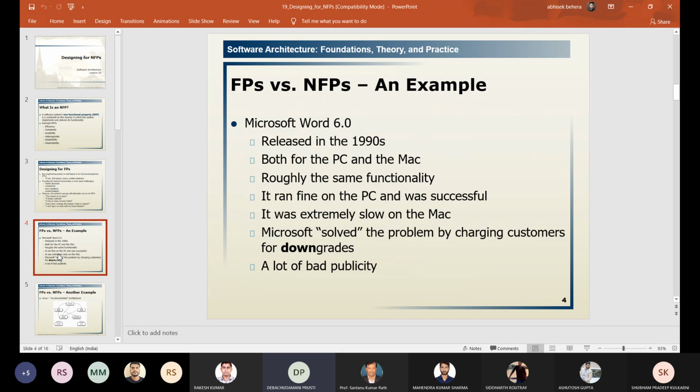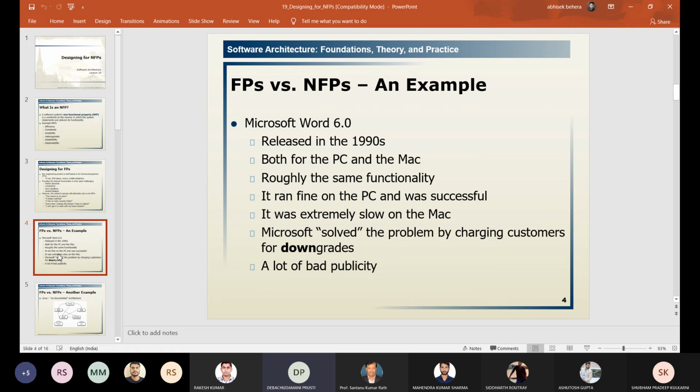Then, functional properties with non-functional properties: Microsoft Word 6.0, released in 1990, was made for both PCs and the Mac, with roughly the same functionality. It ran fine on the PC and was successful. It was extremely slow on the Mac.